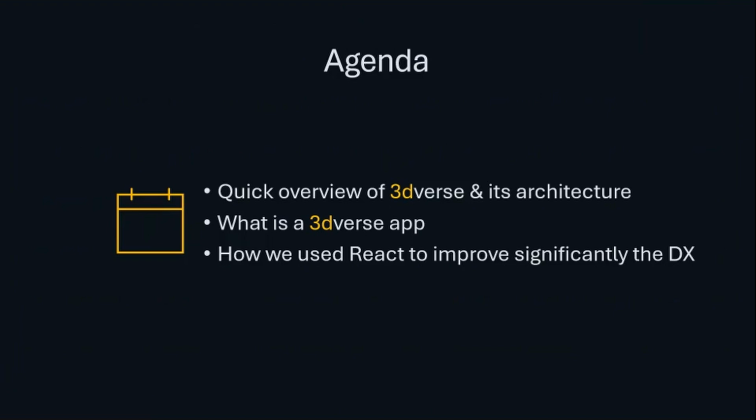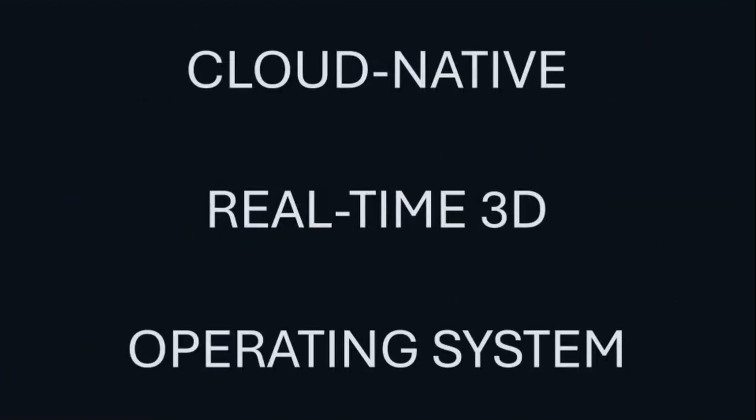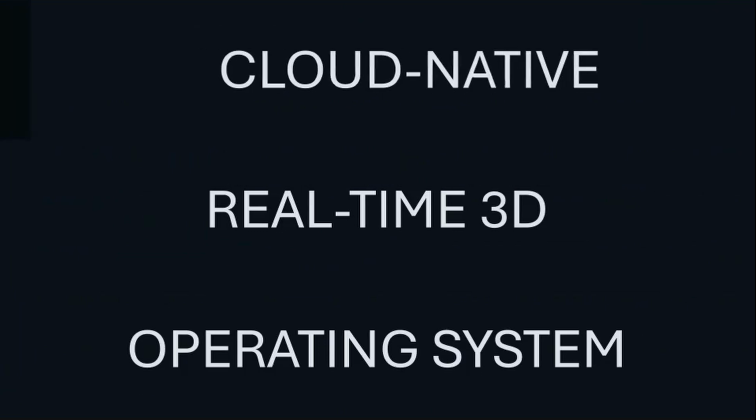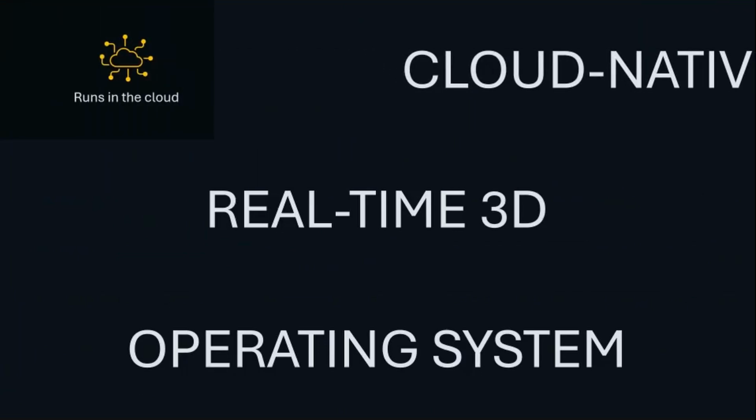But before going to the details, we define what we're building as a cloud-native real-time 3D operating system. That might be a little bit overwhelming, and it actually is. But let's unpack this step by step. Starting with cloud-native: obviously it runs on the cloud.